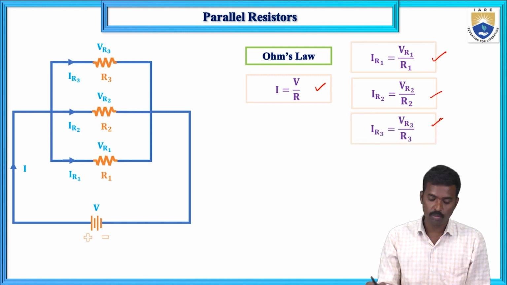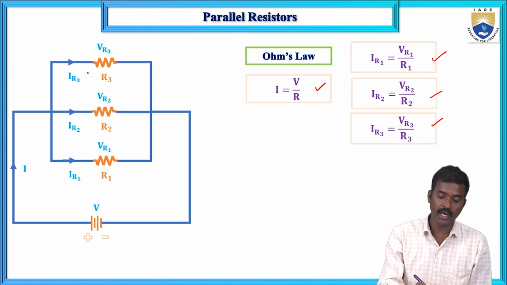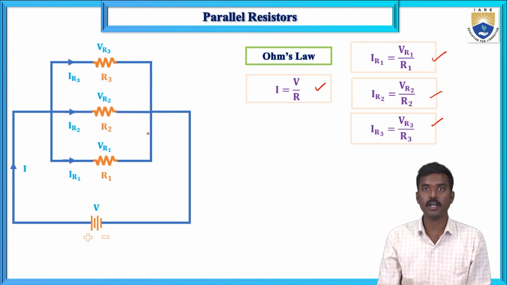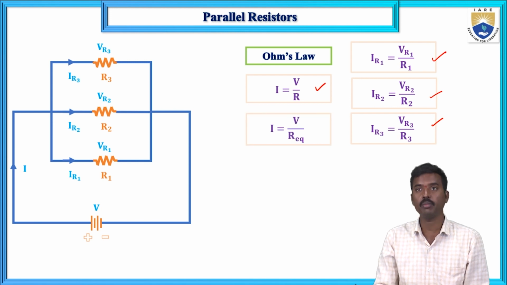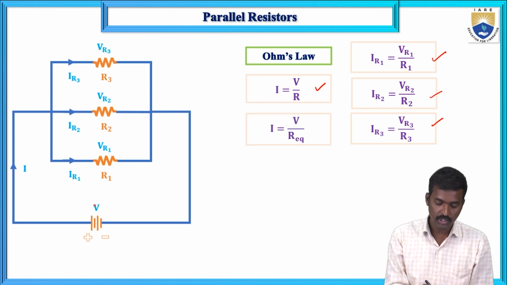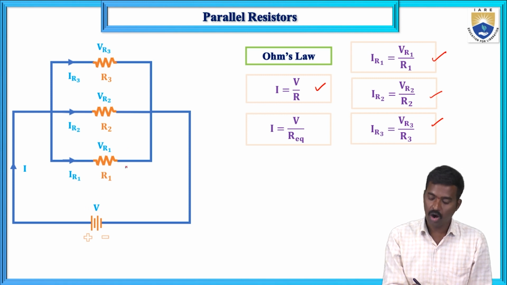So these are the three formulas. If you consider these three parallel resistors as a single R equivalent, then I equals V, the supply voltage, divided by this R equivalent.